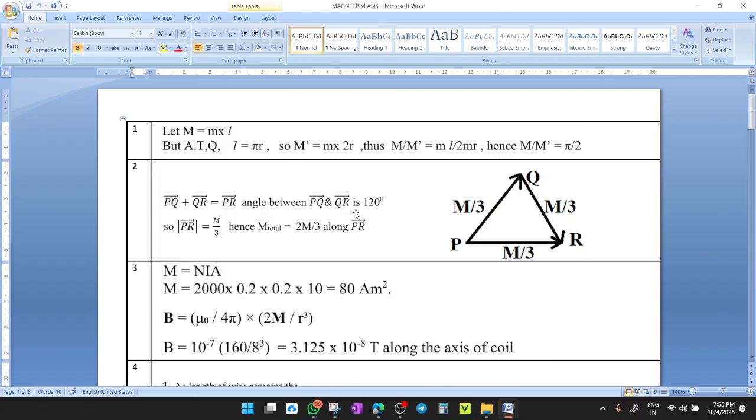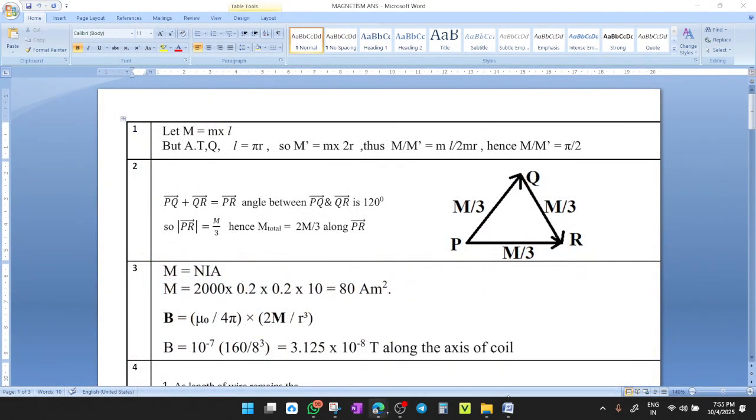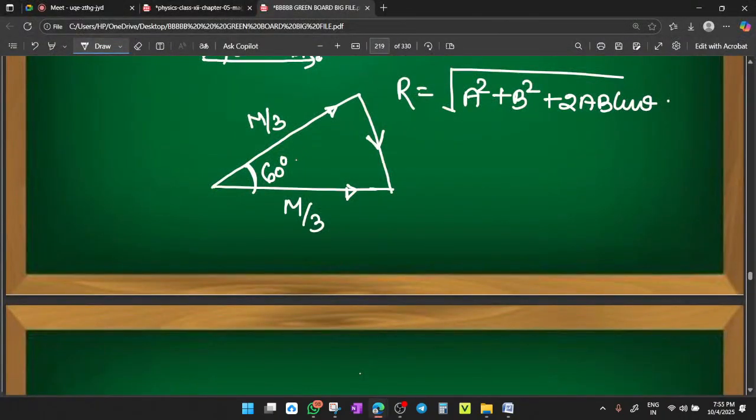But see here, the angle should be taken as 120 degrees. Why? Check here. The question said that they have north poles in the same direction. So if the north pole is in the same direction, if this is south, this is also south, then the direction of the magnetic dipole moment is from south to north here, and here it is also south to north.